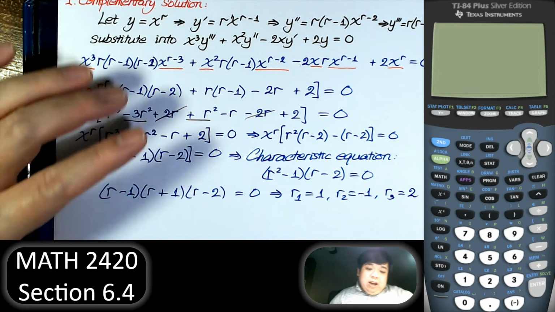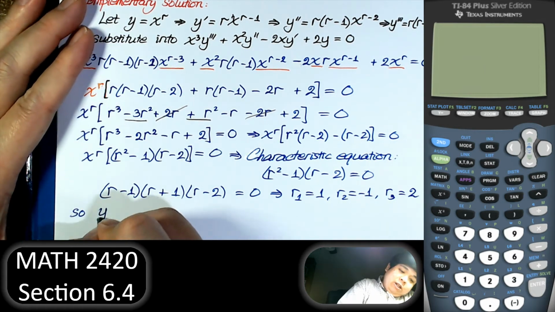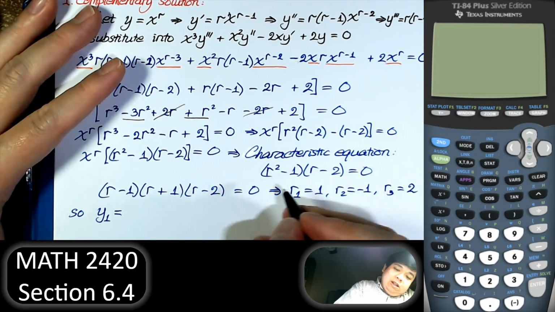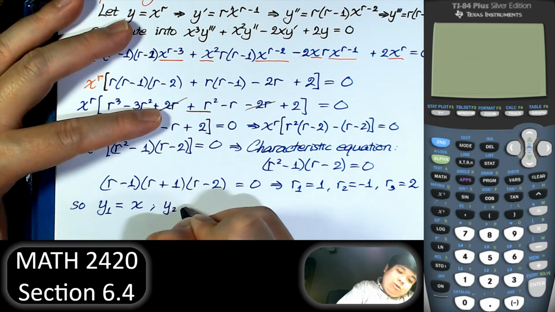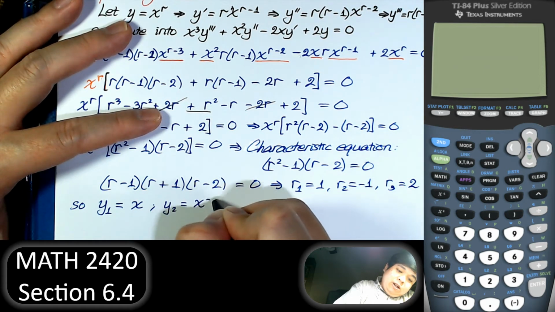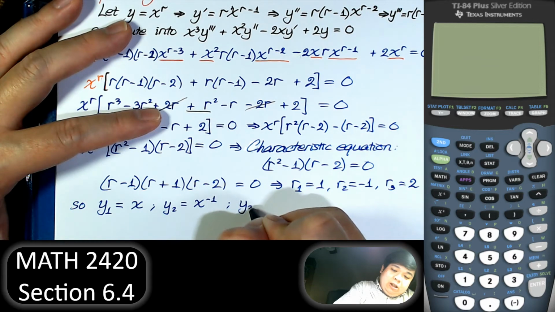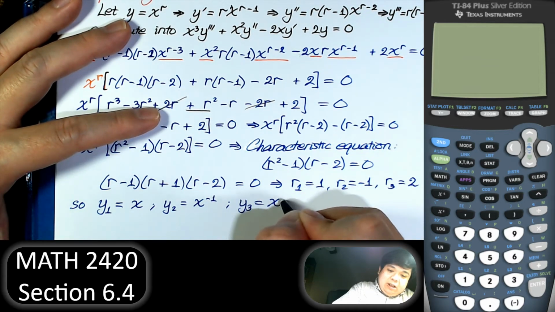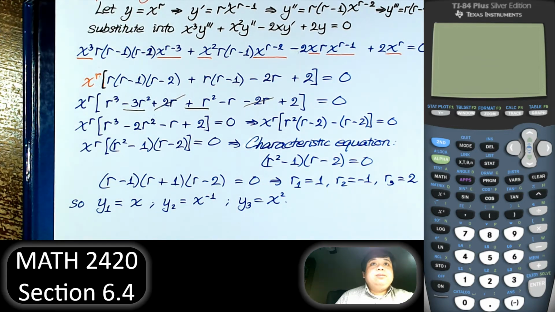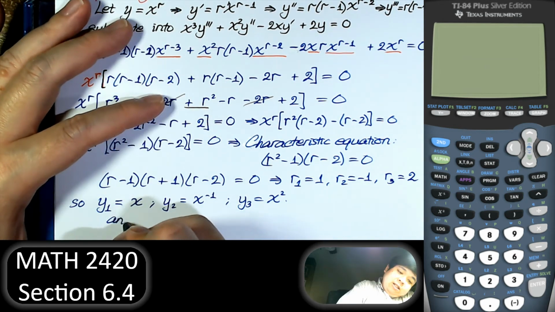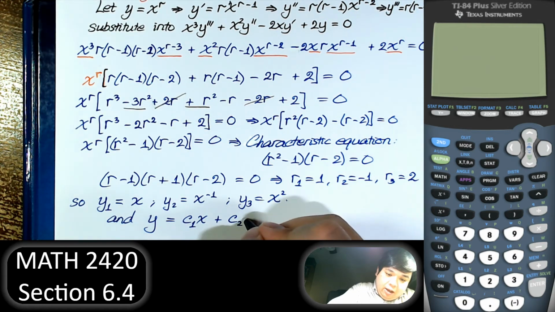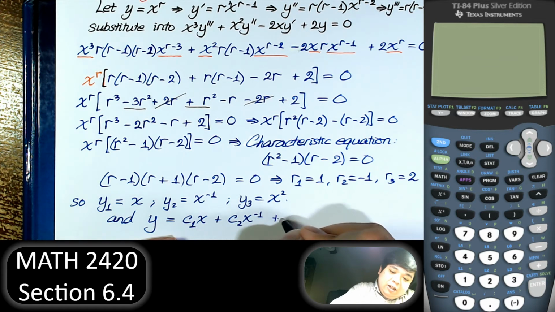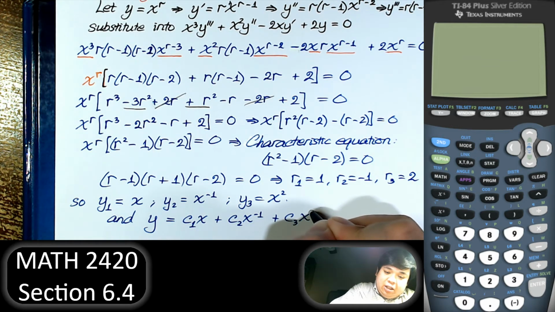Because of that, we have y1, y2, and y3. This is x to the r, so we have x to the first, y2 is x to negative 1, y3 x squared, and the solution is c1 x, c2 x to negative 1, and c3 x squared.